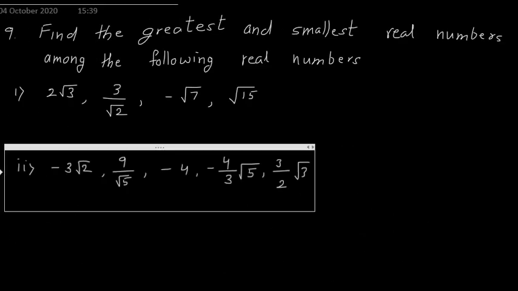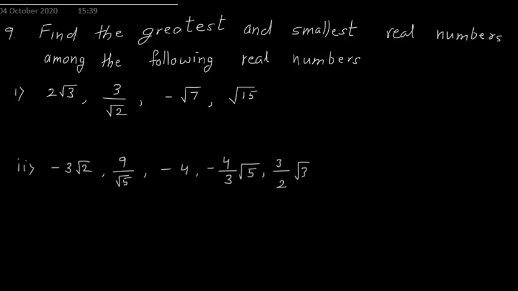Now let us see this ninth question. Find the greatest and smallest real number among the following. So we have been given 4 numbers. We have to check which is the greatest and which is the smallest real number among the following. Okay. So there are two ways.